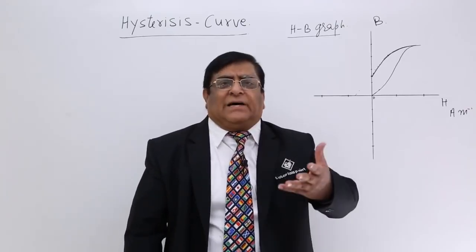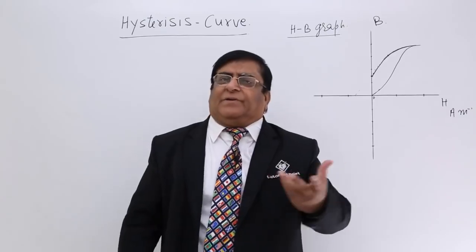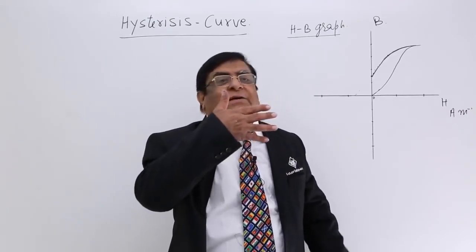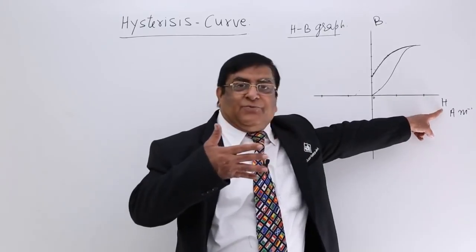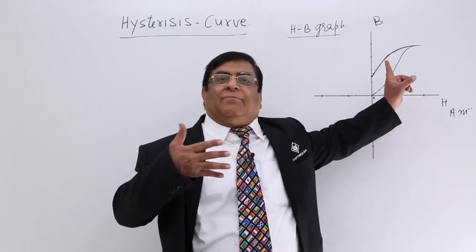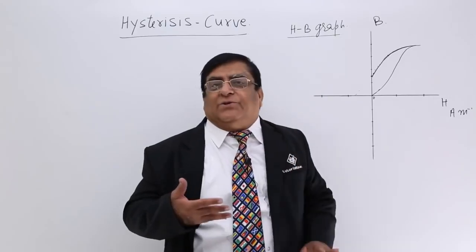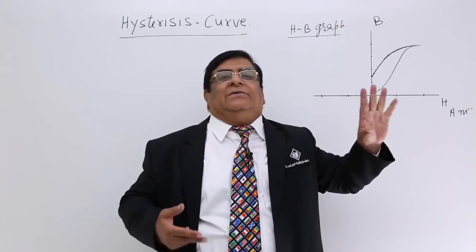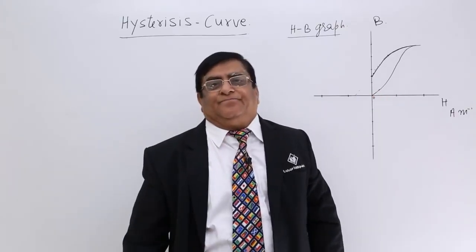Why? Lethargy, inertia, whatever you say. When we have straightened up 100 lines and we remove our magnetizing force H, we find that the magnetic field has not become 0. Some magnetic field is retained in the ferromagnetic material.